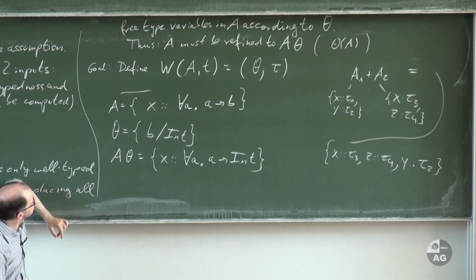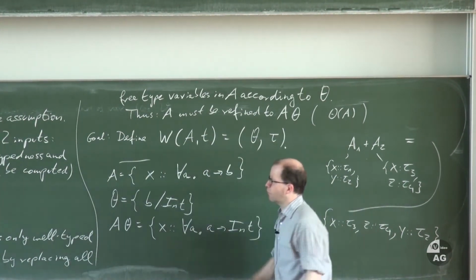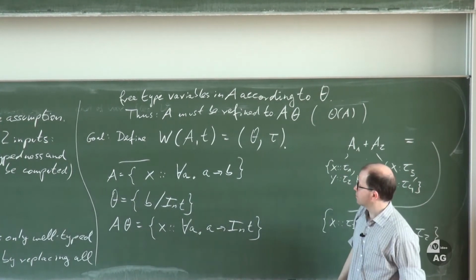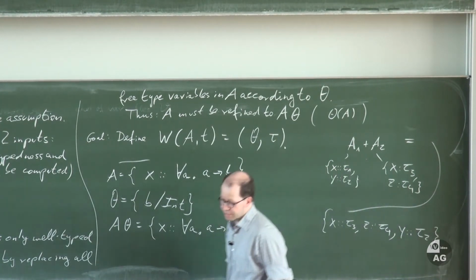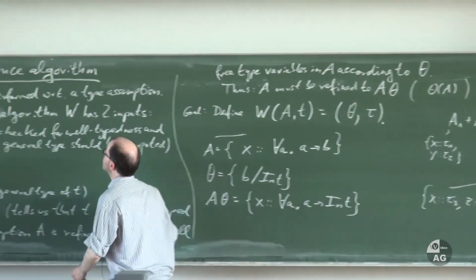Okay, so now the goal is let's define this W algorithm, and we look at the different forms of T, and we do this step by step. So let's first look at the easiest case, and the easiest case is T is a variable or T is a constant.